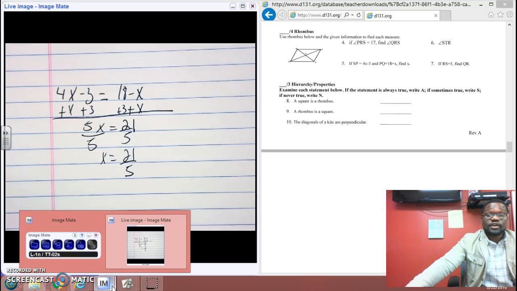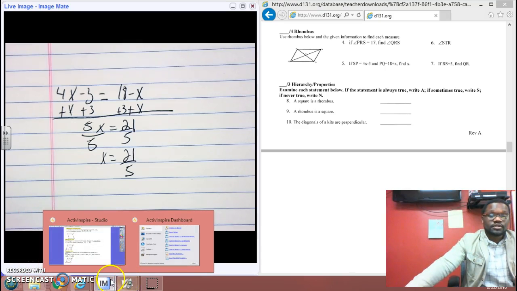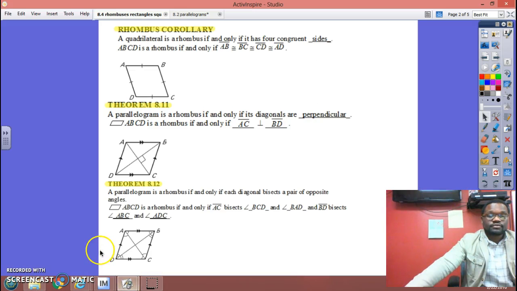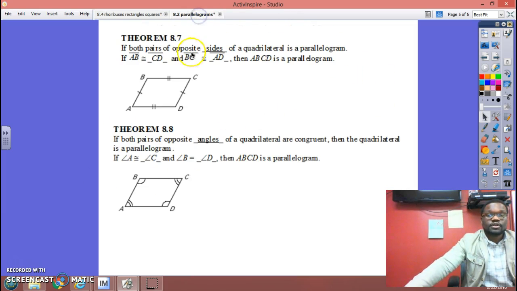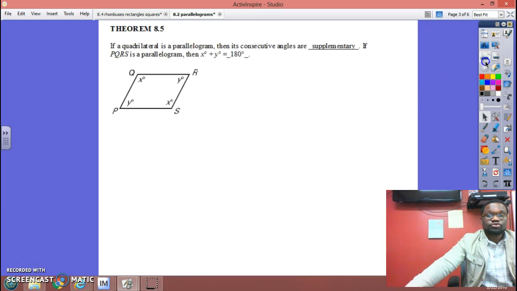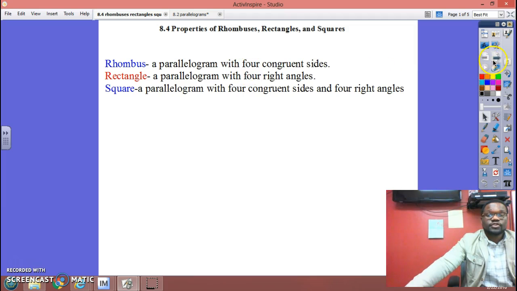And remember, a square has both of those. All right, a square is both a rhombus and a rectangle. So, in conclusion, today, all of these are parallelograms. All the rules for parallelograms we talked about here are still true with all of these. However, you can go a little bit further and talk about a rhombus, a rectangle, and a square.